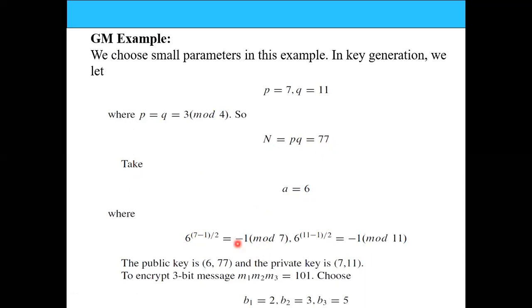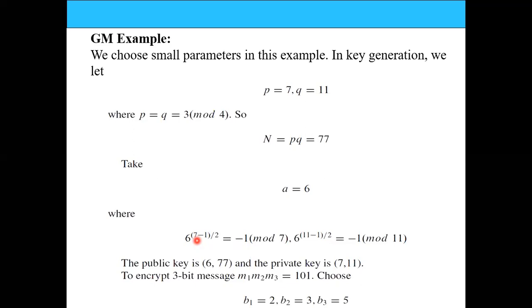How can we get this? 6 to the power 6 divided by 2 gives 6 to the power 3, and what can we say about 36 into 6?